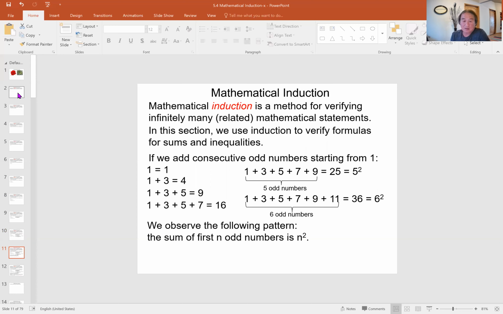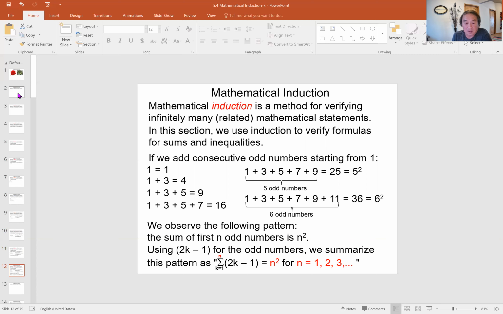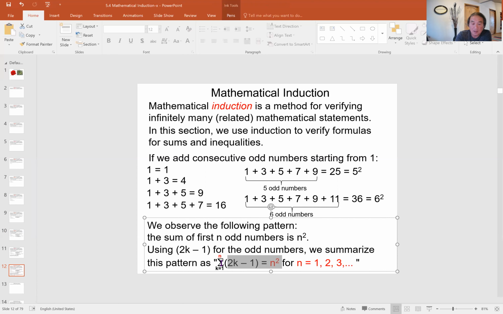And what is the pattern we're saying? In English, it is: the sum of n odd numbers is n squared. In mathematics, since odd numbers are represented by 2k minus 1, I can write this in summation notation: the sum of 2k minus 1, adding from 1 to n, gives n squared. This is the pattern I see in these formulas.